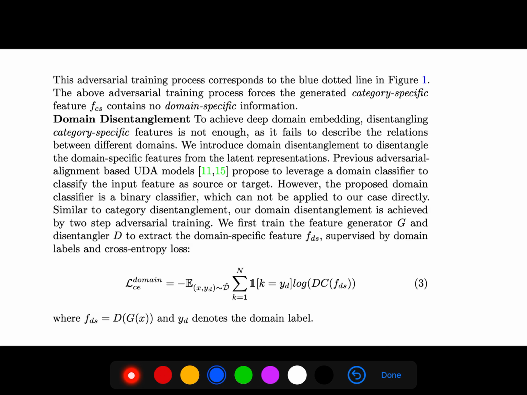To achieve this, we first train the feature generator G and disentangler D. So D of G is your F. So F is your D of G, the disentangler of the generator.